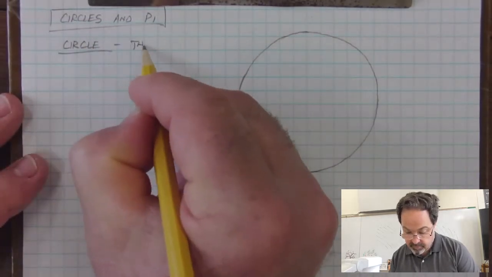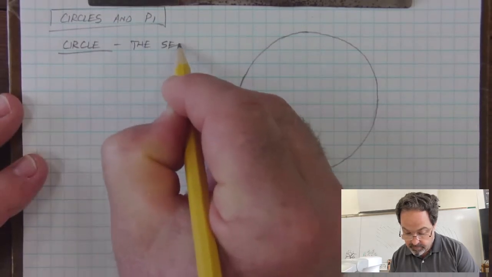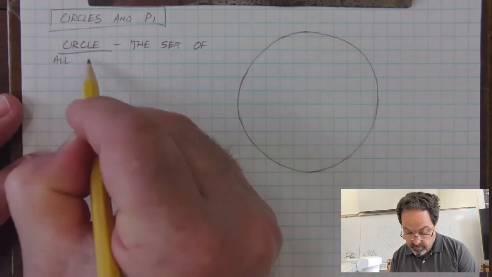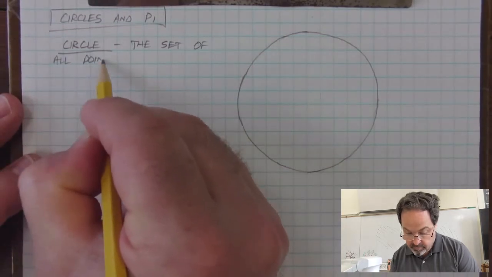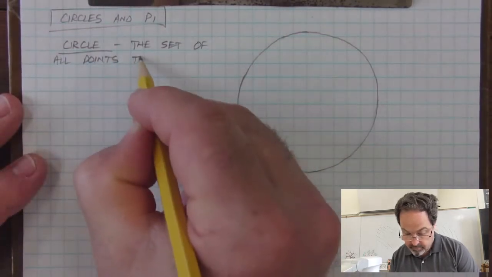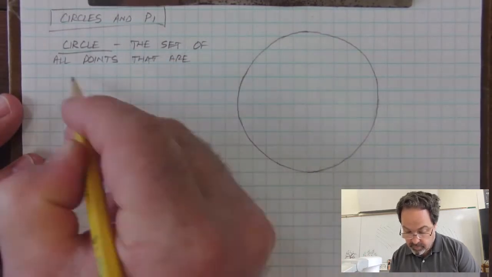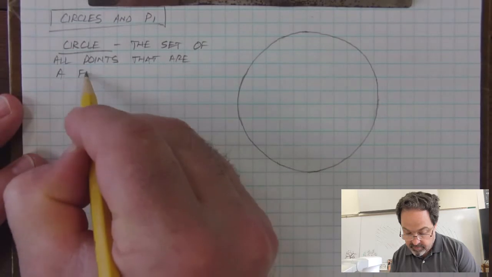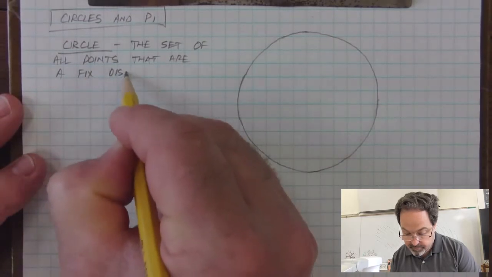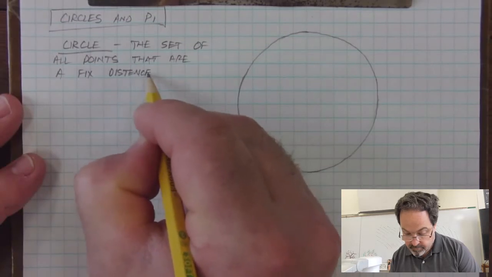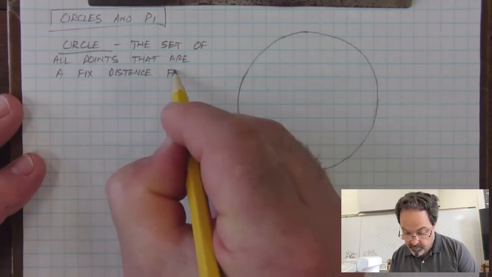A circle is the set of all points that are a fixed distance from a center point.